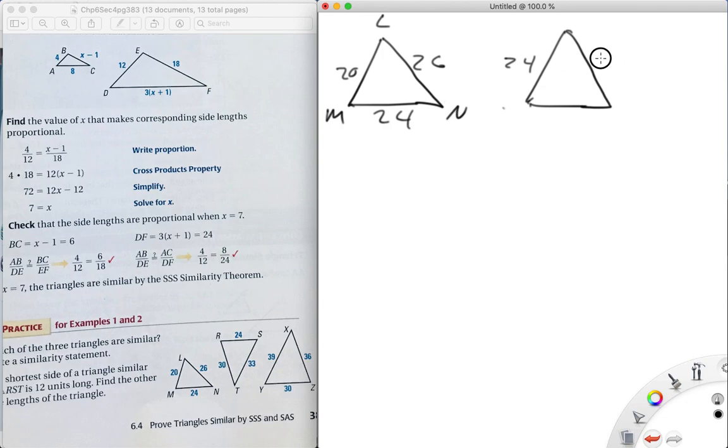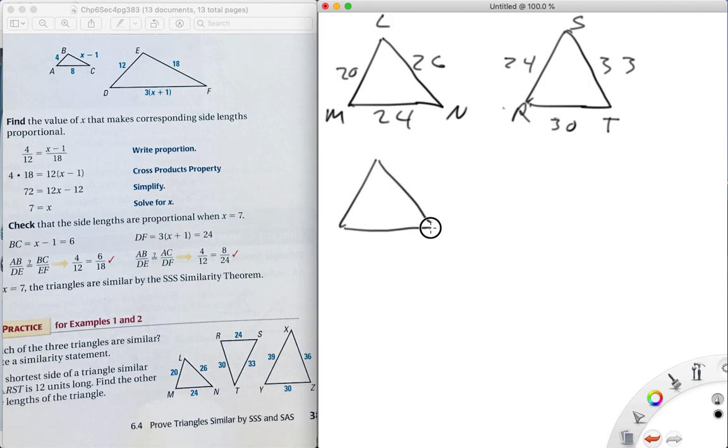This is the largest. I'll say this is the largest at 33. And then 30 is in the middle. So 30, which is R to T to S. Okay. R S, S T, R T. Okay. So that's that. And then we can draw the third triangle.